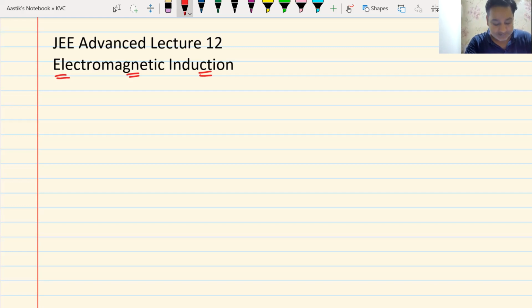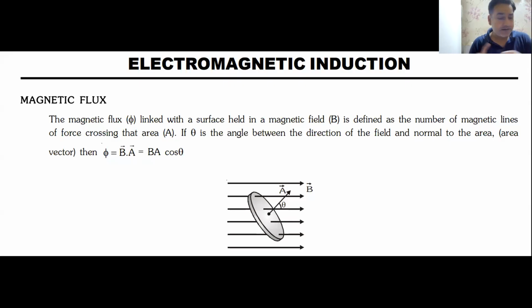What do you mean by magnetic flux? Magnetic flux is something like electric flux. The number of magnetic field lines which are crossing a particular area in a direction which is perpendicular to that area, that is known as magnetic flux. Do you know this? Yes, sir.